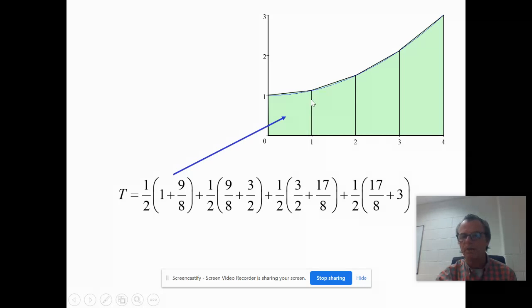Okay, so you're getting 1 plus 9/8. And the average of those, you multiply that by 1/2. Well, what they didn't show here is that the height of this trapezoid is your delta x, it's a 1. Well, they didn't have to show it because it's the identity element multiplication, but that's how you're getting these individual areas for these specific trapezoids.